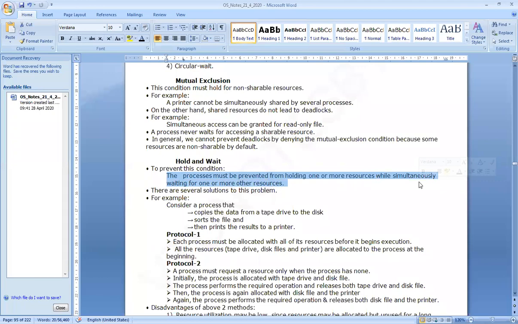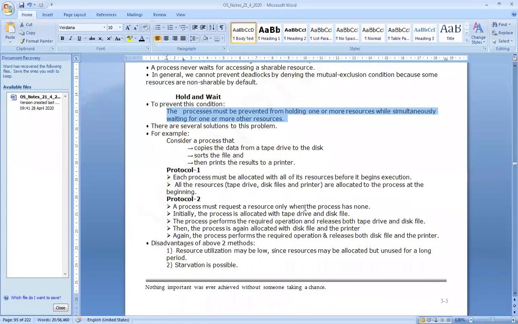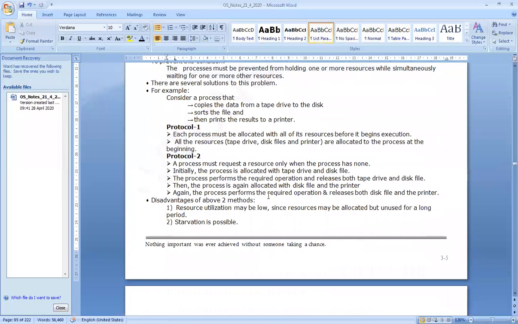As and when the resource is used by the process, we quickly release the resource to the queue, so that the same resource can be allocated to a new process. Then there is no hold and wait situation and no deadlock situation. That is the second point. Here some examples are given, protocol 1 and protocol 2. A protocol is nothing but the steps which are followed.